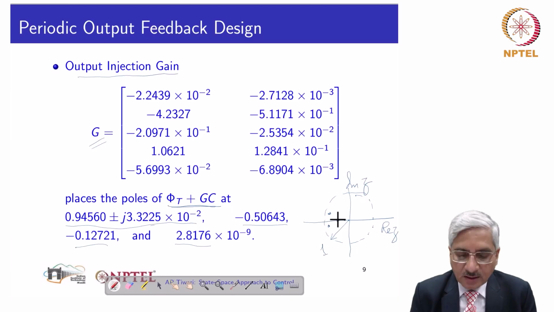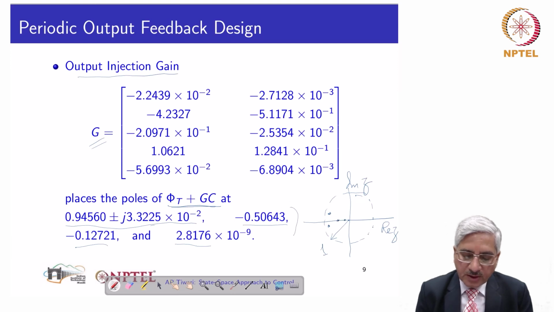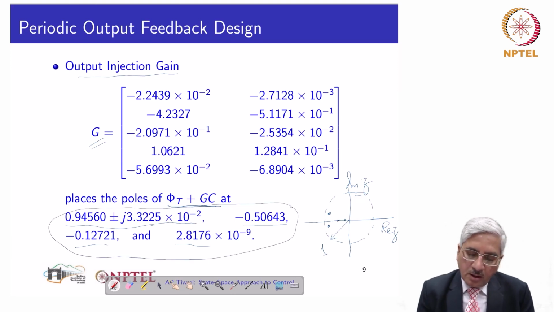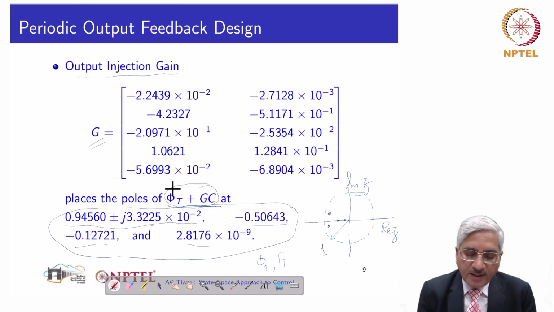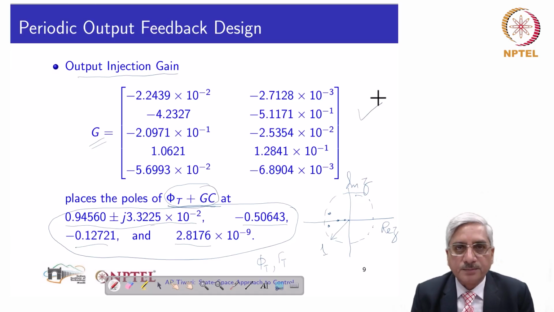That was another factor in selecting the pole locations or the corresponding G. For these pole locations, for the system given by phi t, gamma t, we obtain the closed loop poles of phi t plus Gc, and this is the G matrix for the system.